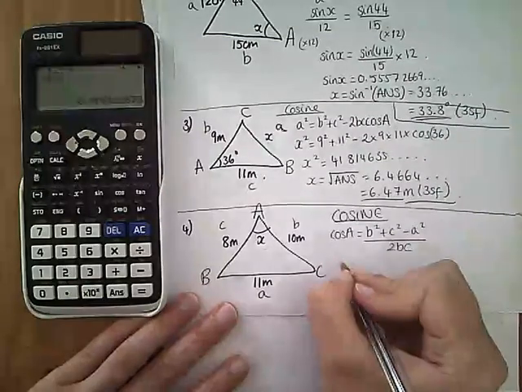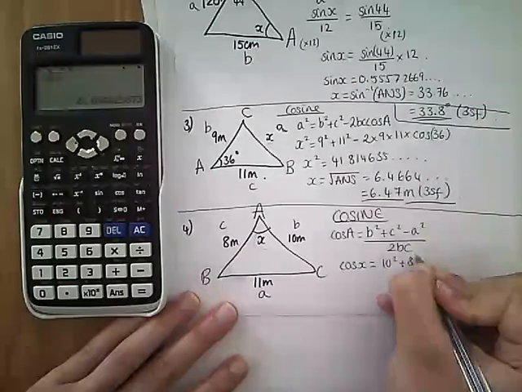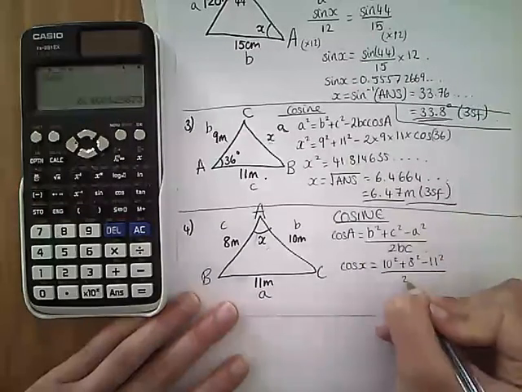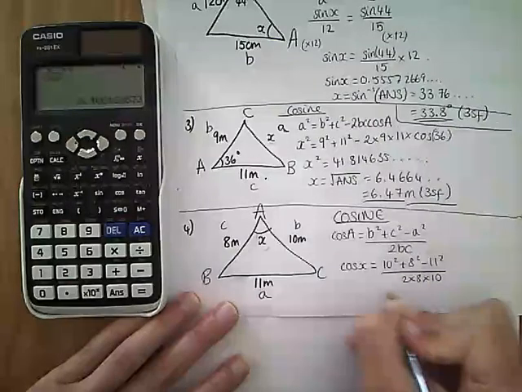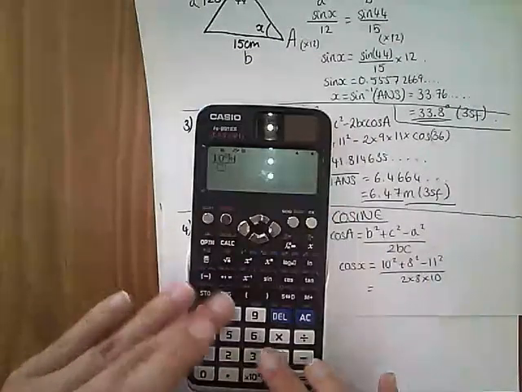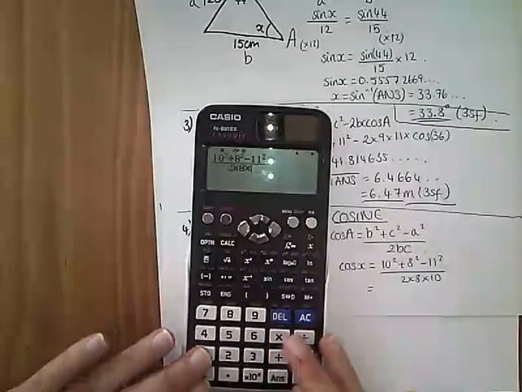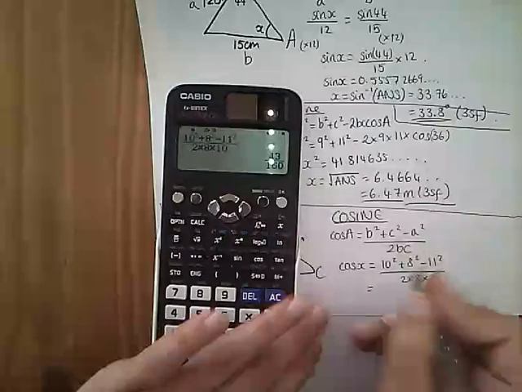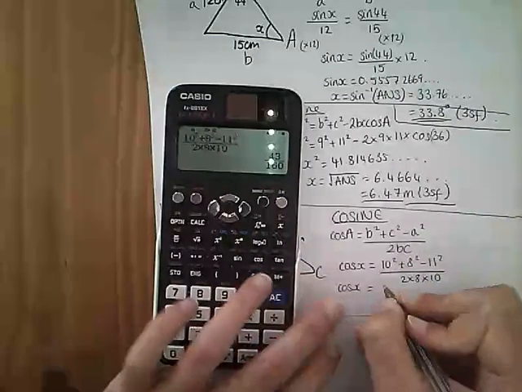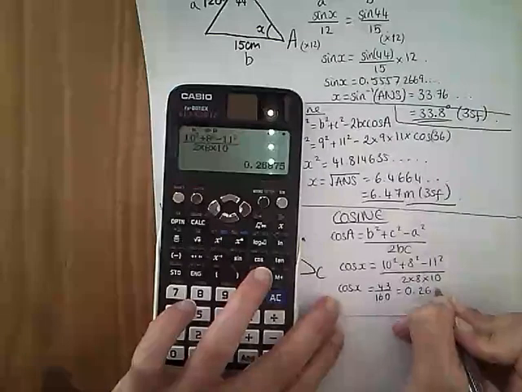Again, chuck it in. So cos x equals 10 squared plus 8 squared minus 11 squared over 2 times 8 times 10. We can plonk that in. That gives us 43 over 160, which is 0.26875.